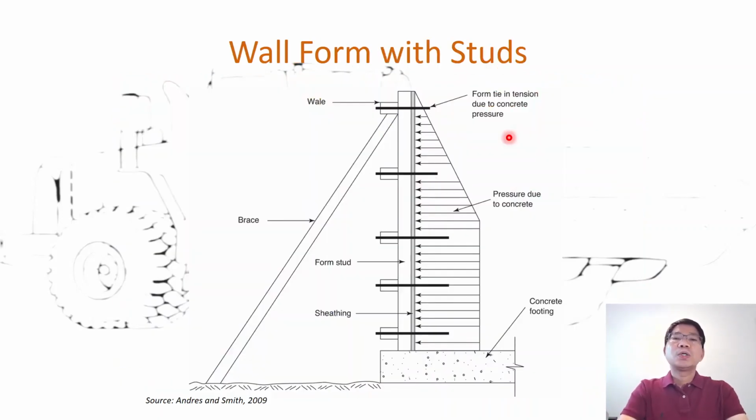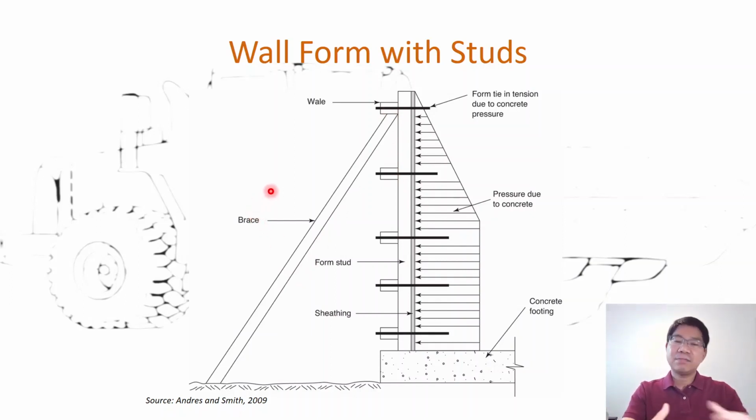So to set up the wall forms, there can be 2 scenarios. The first one is the wall form with studs. That is what you see in the previous 2 photos of the real project. So you have the sheathing and you have the vertical stud, and then you have the wale, and then you have the brace or strut.